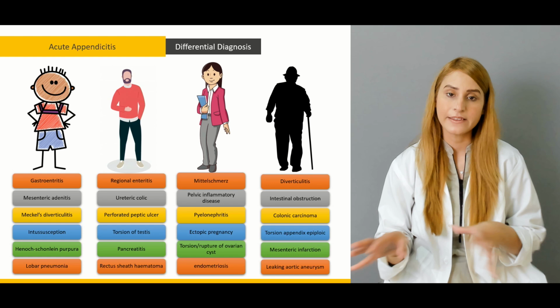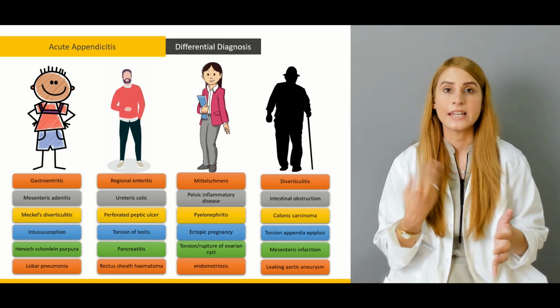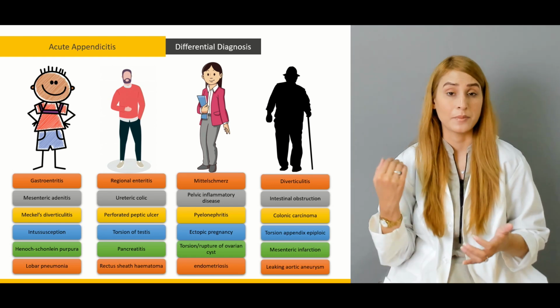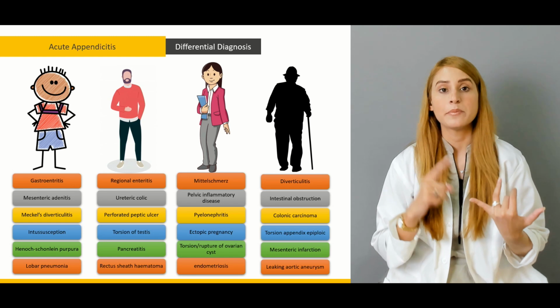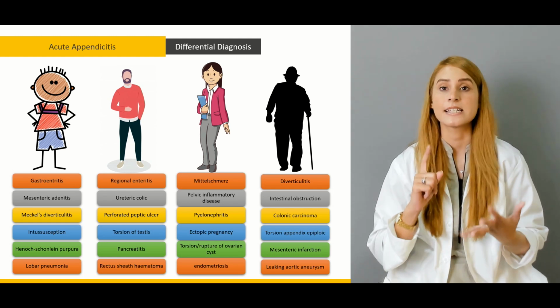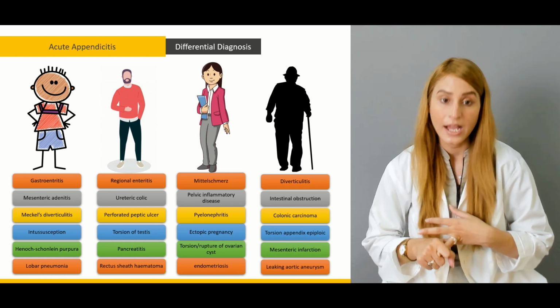So all these things you have to keep in your mind. In case of children, you have to think that it can be mesenteric adenitis, gastroenteritis, Meckel's diverticulitis, intussusception, Henoch-Schonlein purpura, or lobar pneumonia.